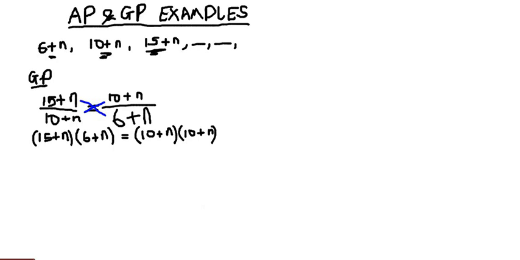So when we simplify this by expanding these two factors, we'll have 15 multiplying 6 plus n, then n multiplying 6 plus n. This should give us 90 plus 21n plus n squared.